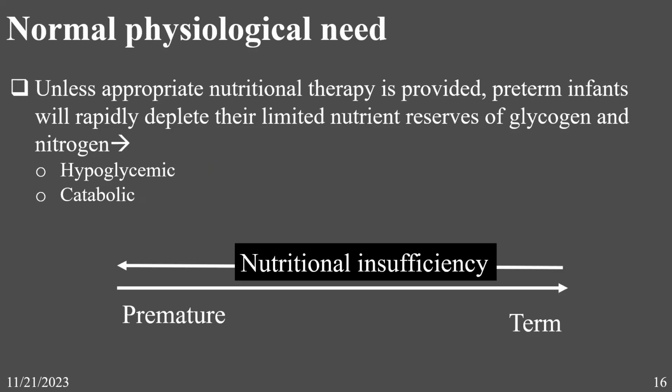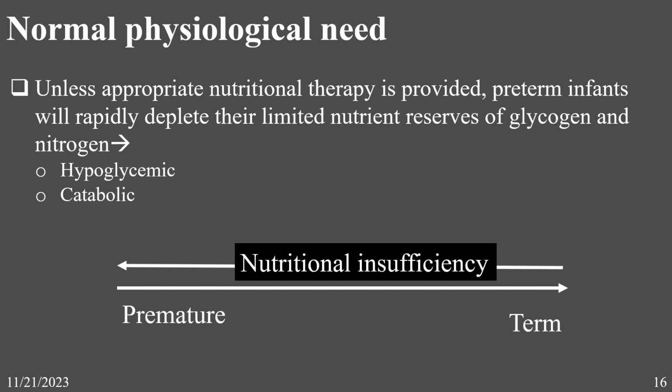Now, it's very important to remember that premature babies don't have reserve. Usually they lose the reserve at 6 hours. So within 6 hours, you start giving them glucose, and you start to feed as much as possible. If you cannot give feed, then you need to give TPN.